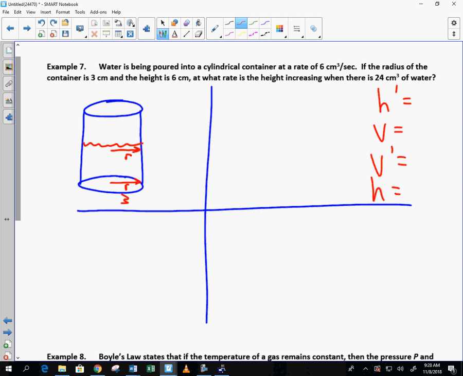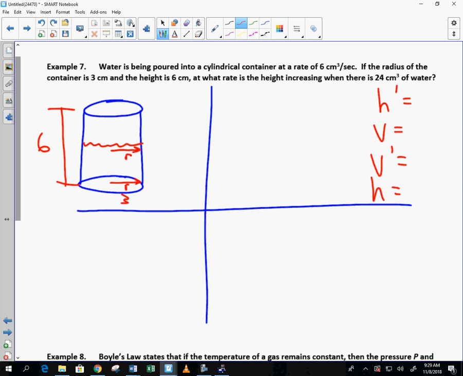Okay, what are some of the things that I know? The height of the cylinder is 6, but is the height of the water 6? See the difference? Do we care about the height of the cylinder? No, we don't. They try to mislead you. What else do we know?